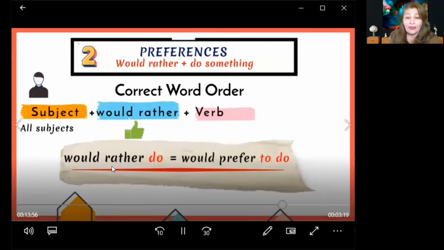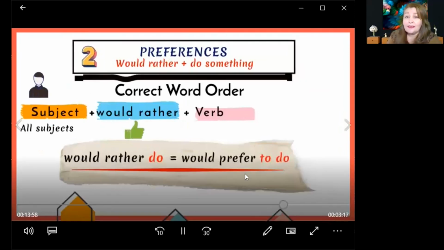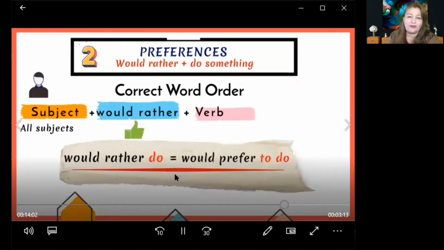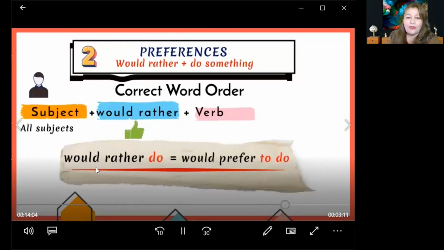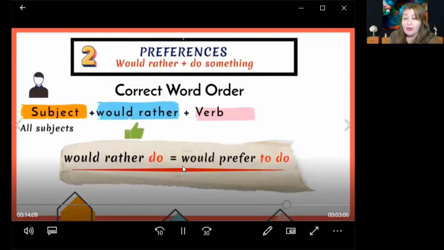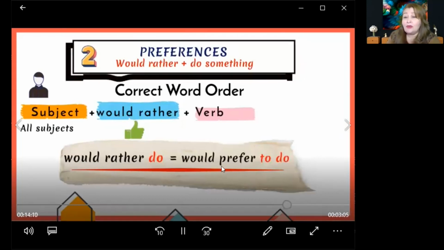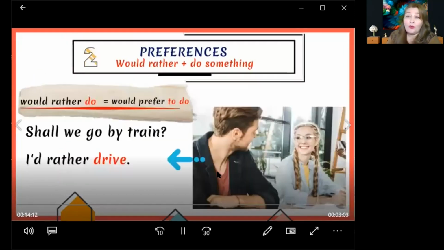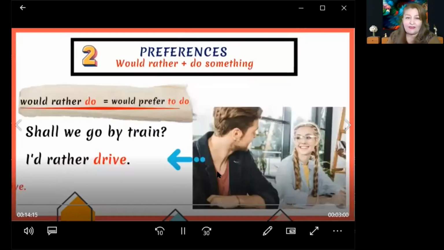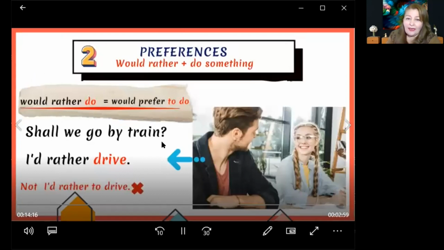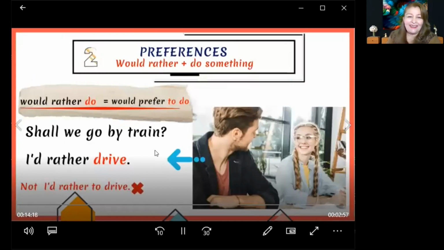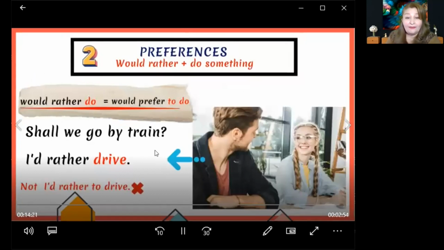Okay. Would rather do or would prefer to do. Be careful by using these structures. They have the same meaning but different structures. So we say would rather do, would rather play, would rather go, and we say would prefer to go, would prefer to do, etc. And let's see this exercise again. Shall we go by train?